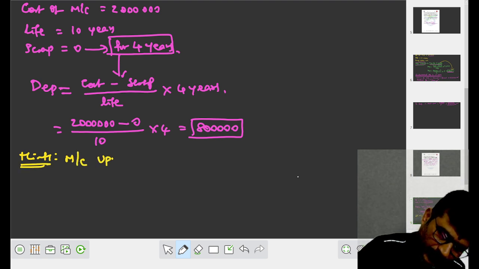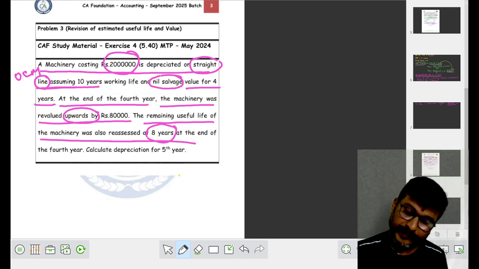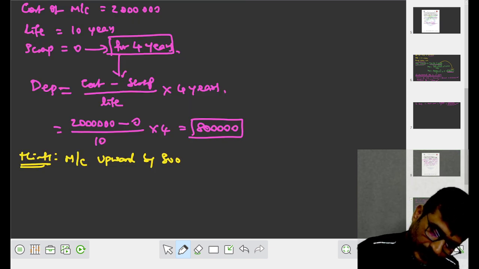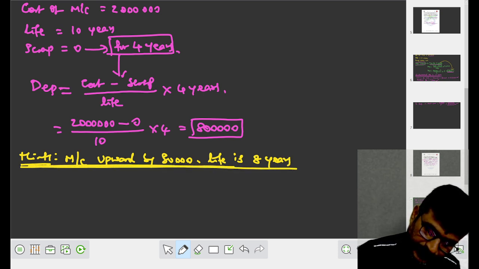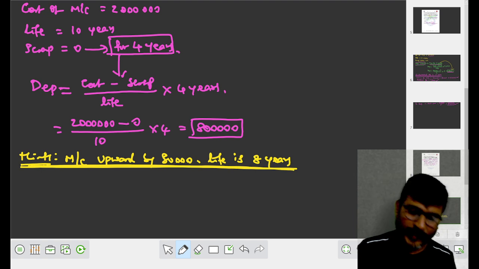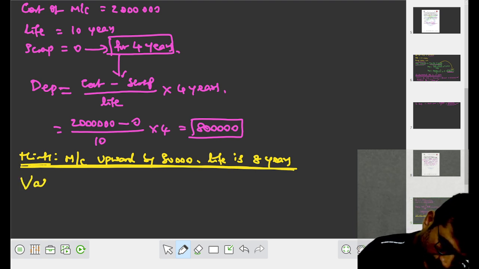Machinery upward by 80,000. Full stop. Life is 8 years. Okay. Now I have to work out the value of machinery.